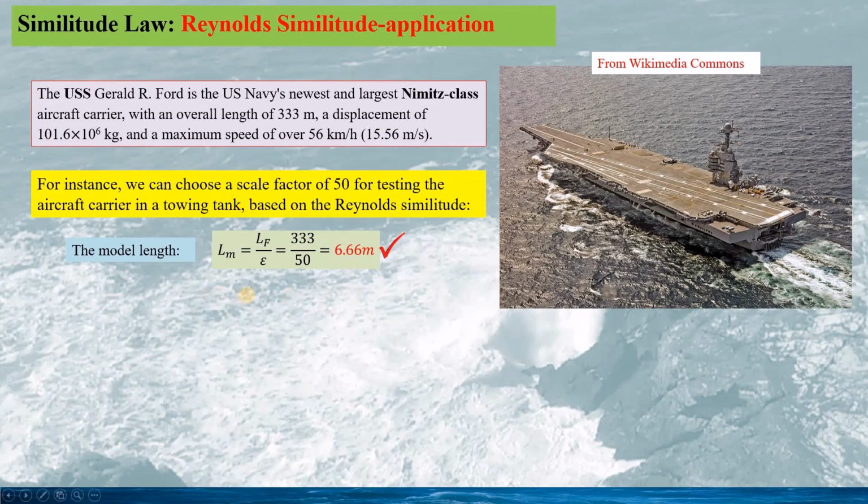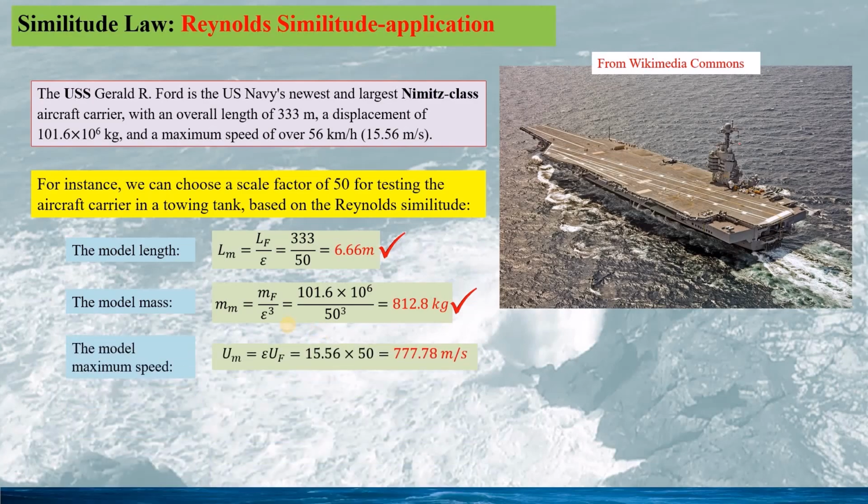So this is the same length as that for the Froude similitude, because this is a geometrically scaled model. And the model mass given as this weight is still good for the tank test.